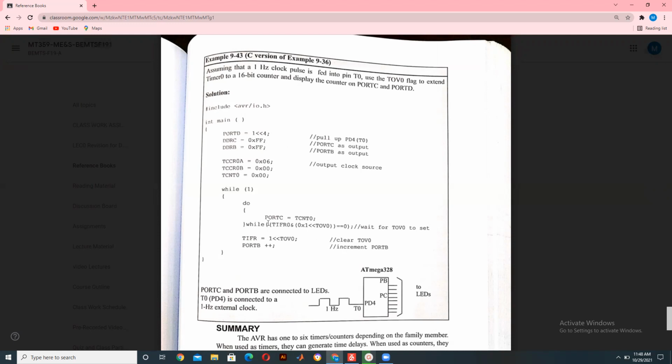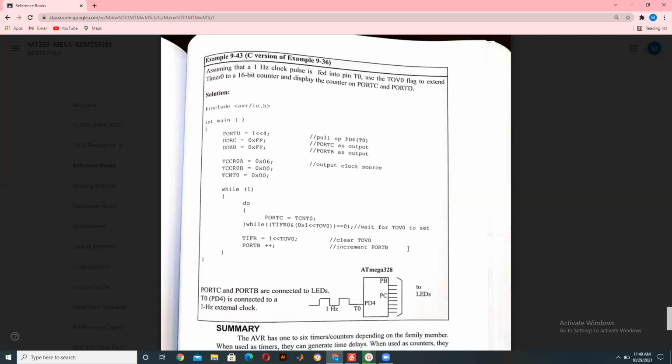Then we use a do and while loop. In the do and while loop, PORTC is equal to TCNT0, and while TIFR0 and 0x01 is zero, that means wait for TOV to set. This TOV flag is only raised when the counter rolls over. So TIFR0 is set to clear this flag completely.